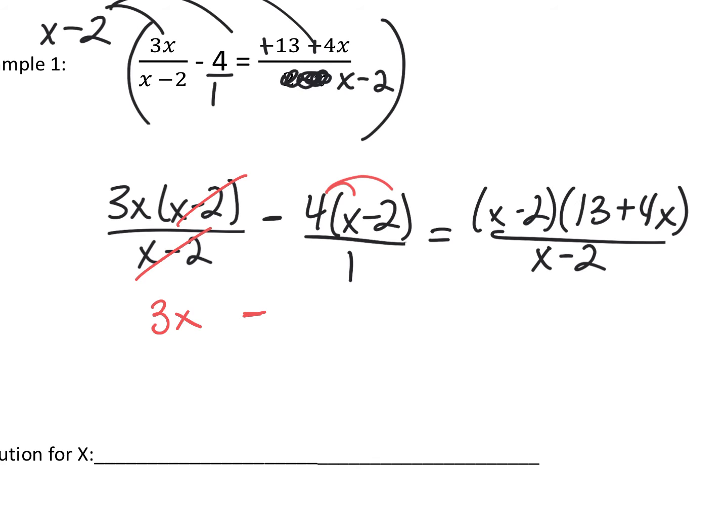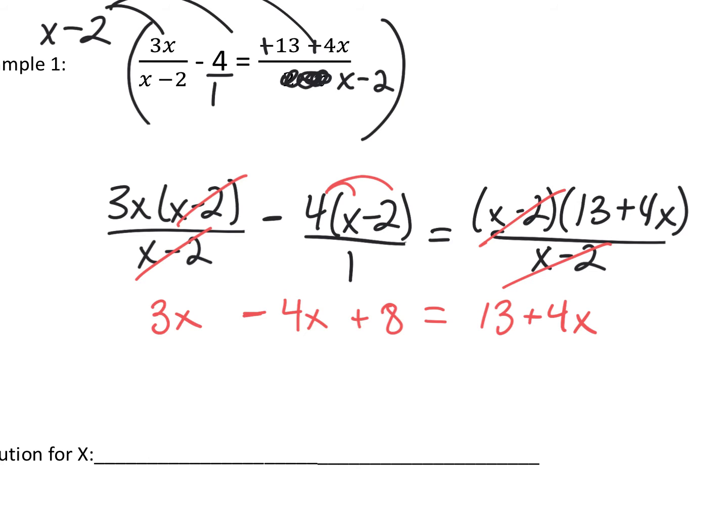So -4 times x would be -4x, and -4 times -2 is plus 8. Perfect. And then the last term, what's going to happen here? Cancel those out, and we're left with, perfect.